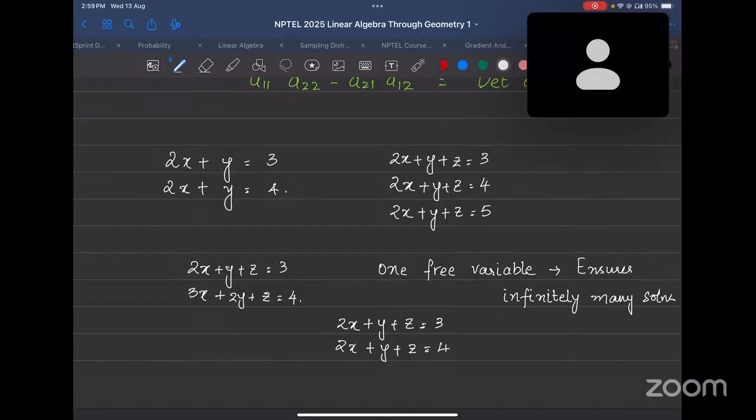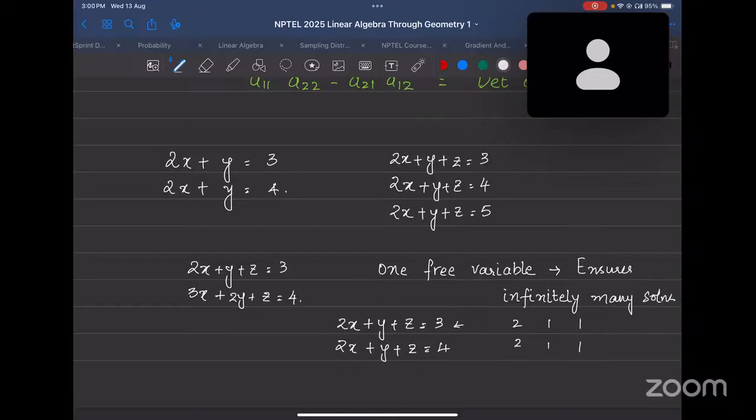if you try to solve this, whatever you try to do, this 3, 4 will not work. If you look at the coefficient of x, it is 2, 2. Coefficient of y is 1, 1. And the coefficient of z is 1, 1.